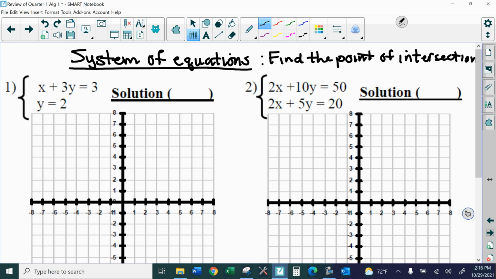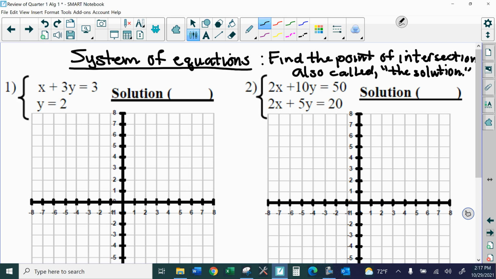And as we talked in class, also called the solution. So you need to know both terms, point of intersection and solution.